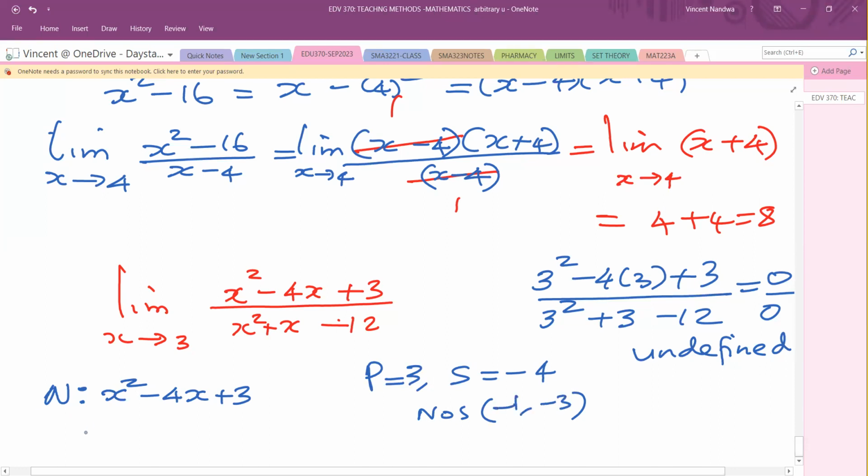So tutakuwa na x squared minus x minus 3x plus 3, si ndio? Tukitumia hizo namba mbili kuandika hiyo middle term.